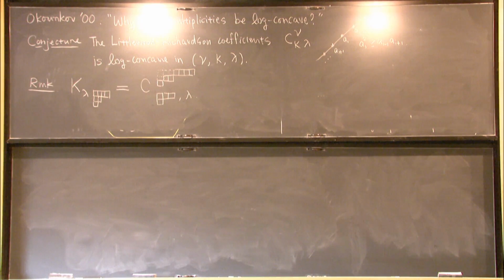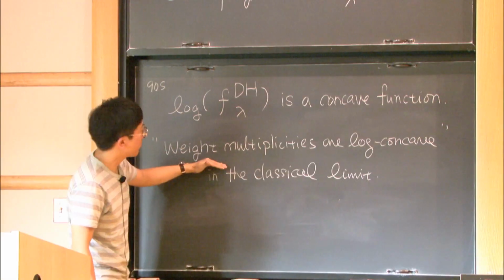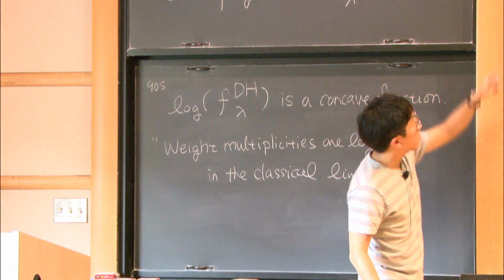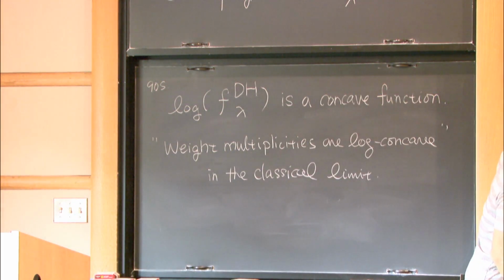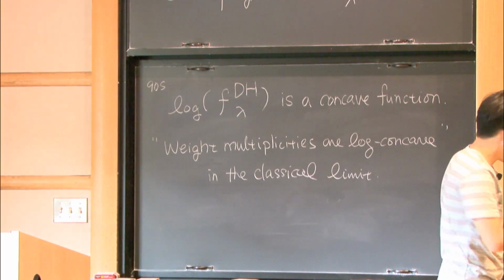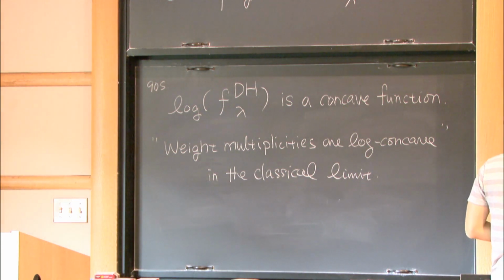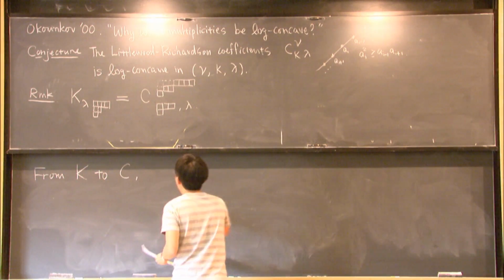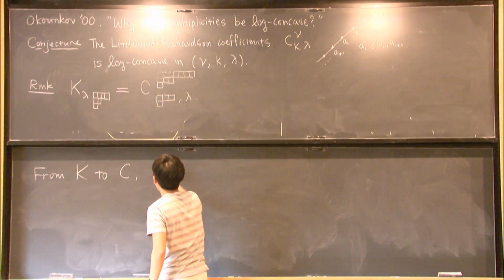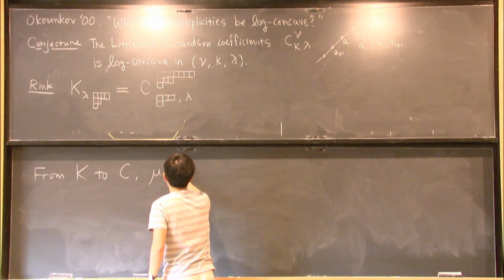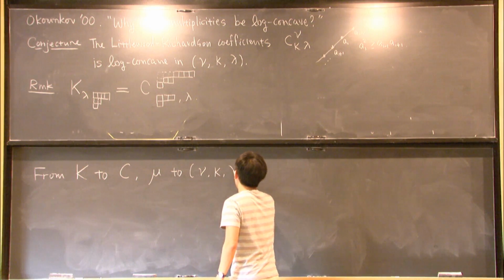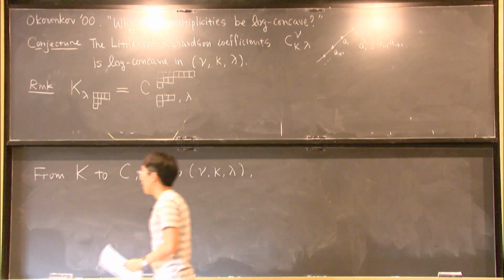So this is what people knew. Weight multiplicity is log concave in the classical limit. So to go from here to there, Okounkov made three jumps. He replaced K with C, and not only that, mu with this triple. Right?